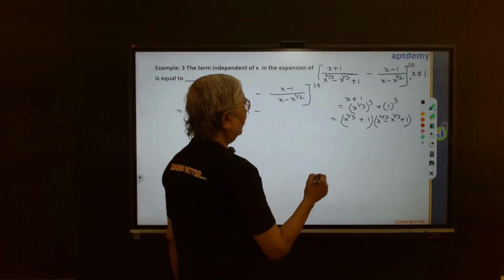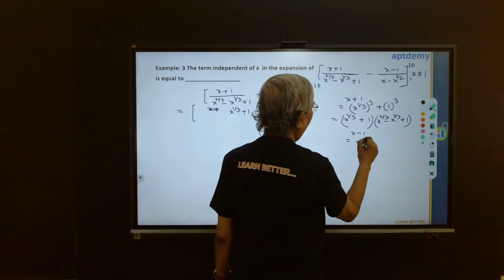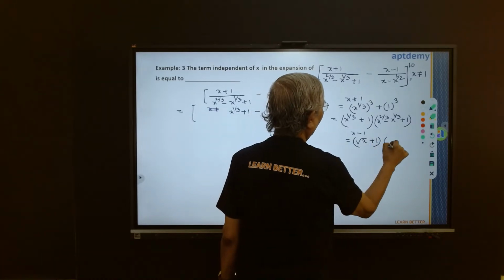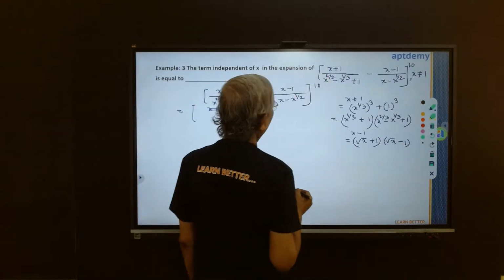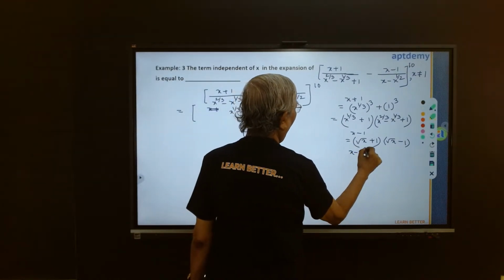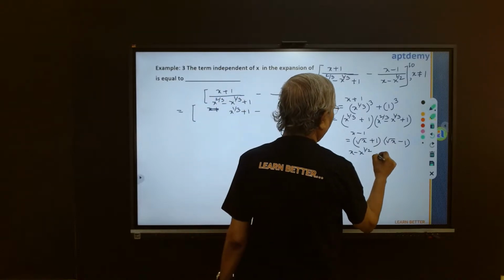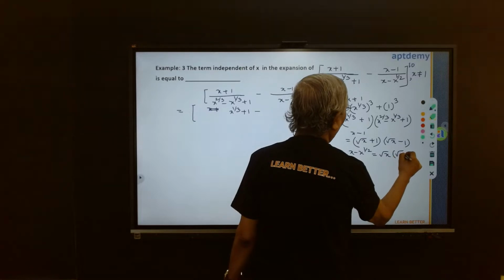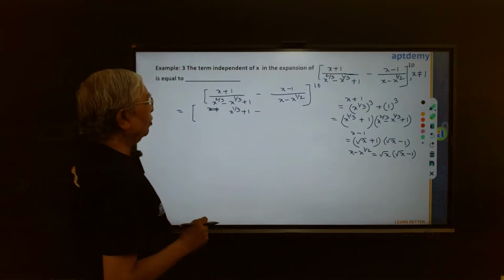Here also we factorize x minus 1. We can write this as root x plus 1 into root x minus 1. In the denominator, if you take common root x, you will get root x minus 1. So root x minus 1 cancels from the numerator and denominator.